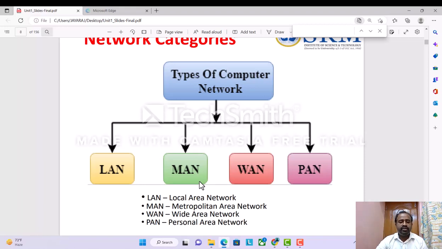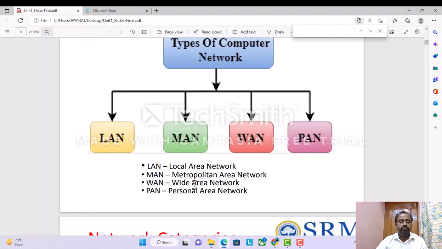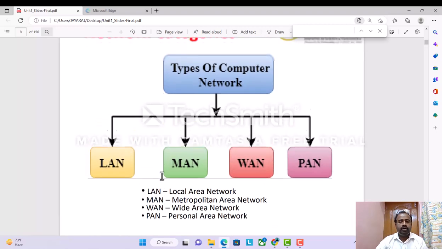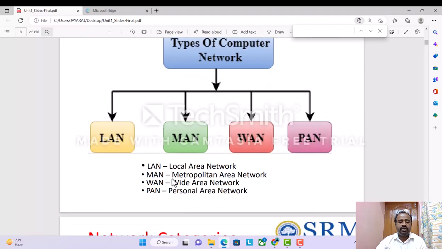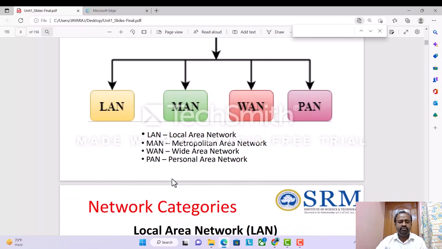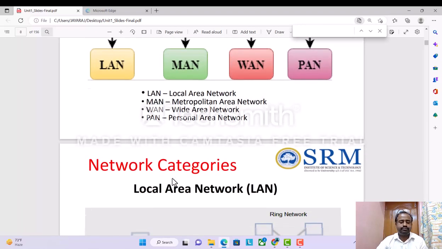Likewise, when computer networks were established throughout the World Wide Web, managing became the major task. So they divided the network into 4 categories: LAN, local area network, then MAN, metropolitan area network, then WAN, wide area network, then PAN, personal area network. We'll see them one by one.